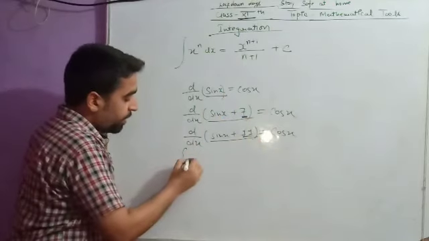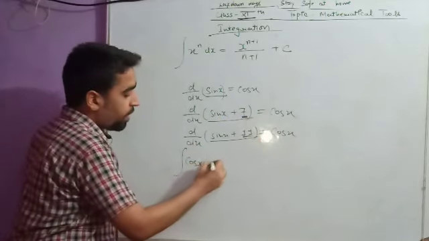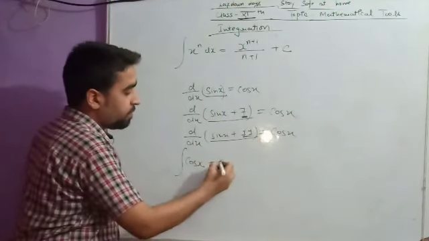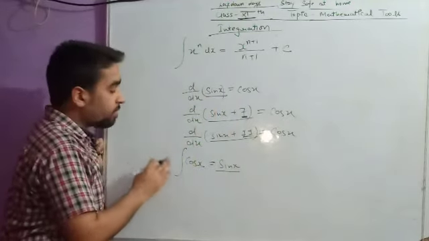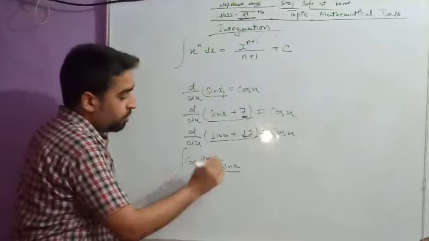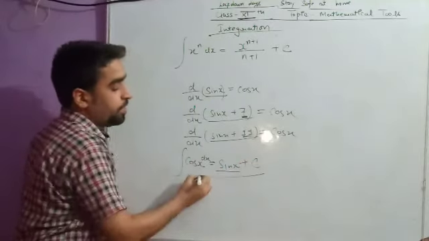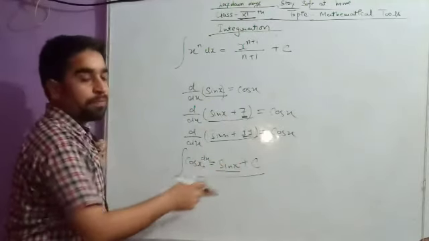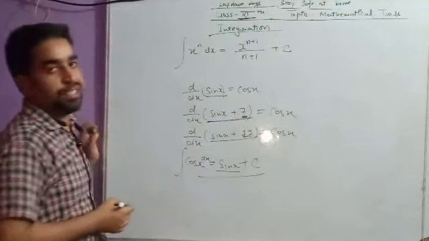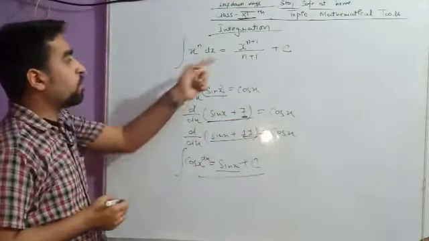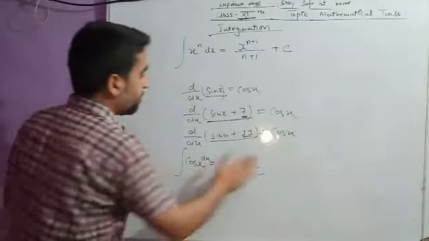So while integrating cos x, how can I be very sure that the answer will be sin x only? Where has the constant gone? That is why while integrating cos x, we should introduce a constant. That constant is the value which could have been added before we did the differentiation. I hope you understood why this constant is introduced.